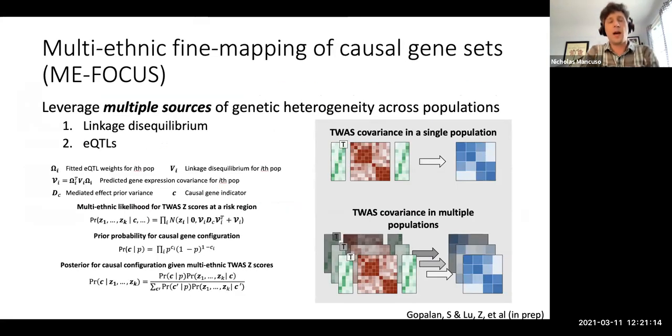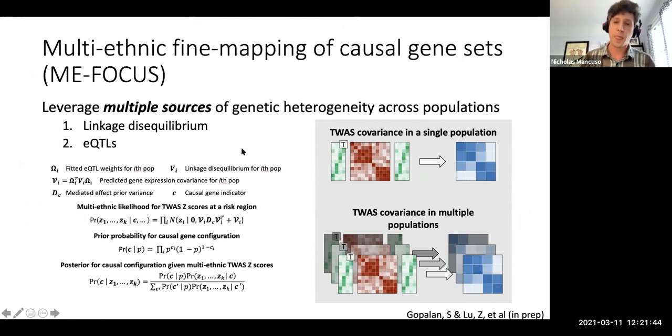And so given that, we borrowed that line of thinking and applied it to our framework for fine mapping TWAS hits. What we came up with was this multi-ethnic fine mapping of causal gene sets, which we're calling right now just ME-FOCUS. Here, ME-FOCUS leverages multiple sources of genetic heterogeneity across populations. So it's not only using differences in LD patterns across populations, but also differences in eQTLs, right?